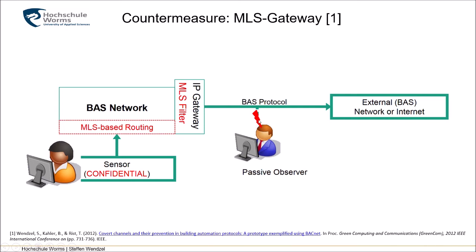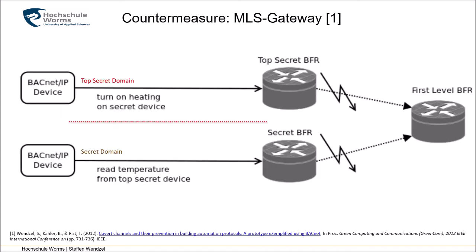Of course, a man in the middle can still read it if it's unencrypted, but using a good routing strategy, the data would be routed around a network link that is easily observable, as we did here with the so-called BFR, the BACnet Firewall Router.